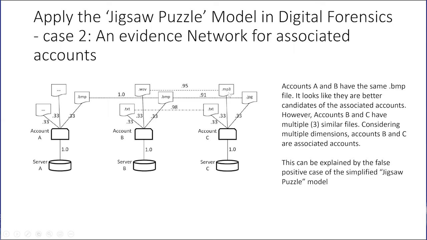And again, this MP3 file saves the same music as this WAV file. Because they don't have the same format, we cannot assign value 1 as the correlation between the 2 nodes, but we can assign a very high correlation value, such as 0.95 between the 2 nodes.